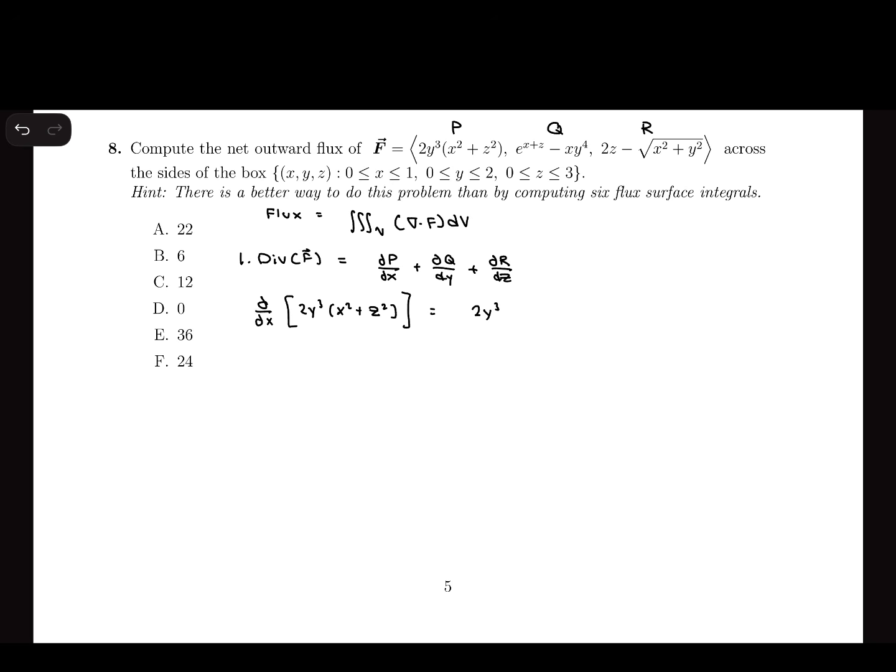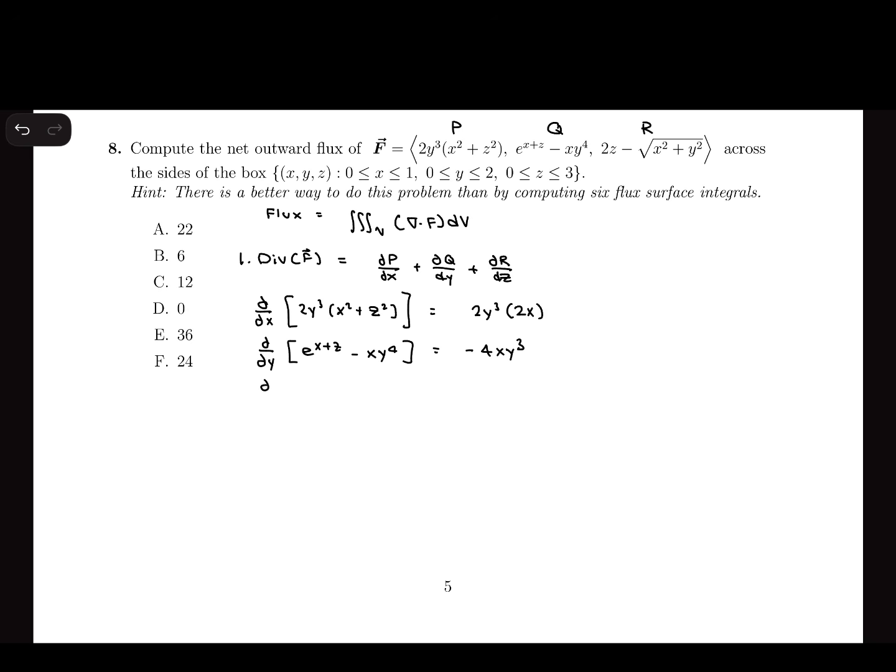And we actually just get left with 2y cubed times 2x. Now if we do the same thing with Q, we get x e to the x plus z minus xy to the 4th. That e to the power of x plus z just becomes 0 because those are both constants, which means we just get negative 4x times y cubed.